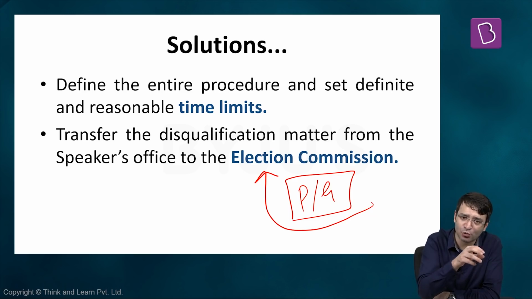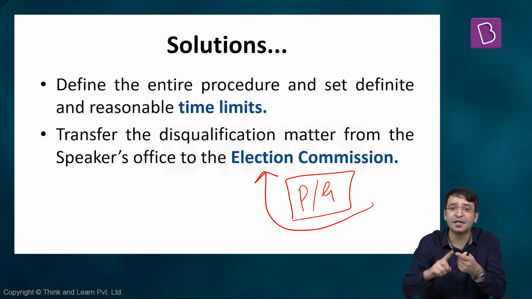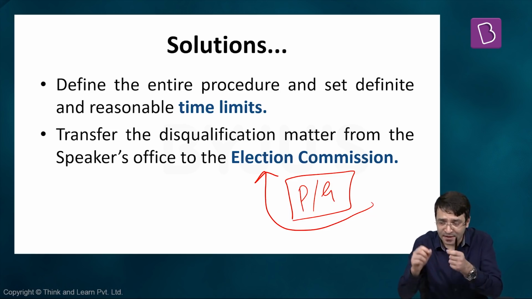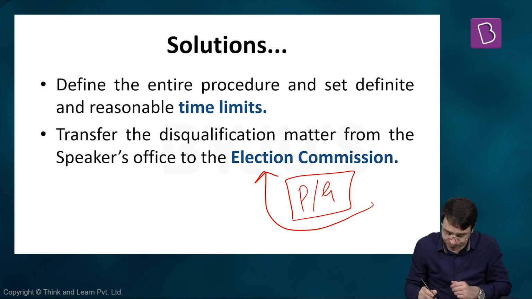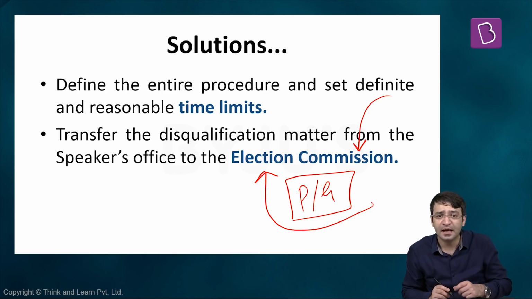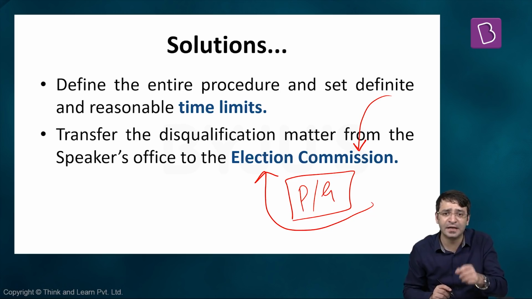This decision of disqualification is taken by the president if it is parliament, governor if it is the state legislature, but the president and the governor do not act on their own. The president and the governor act on the report of the Election Commission of India, and the report of the Election Commission of India is binding on the governor or the president.